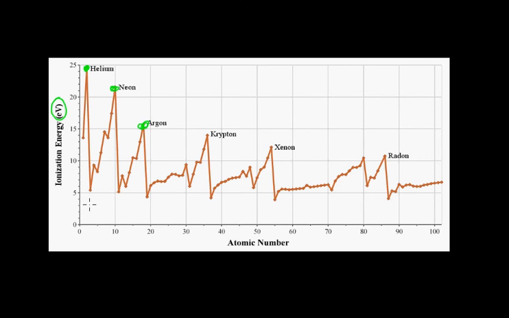Now let's look down at the bottom of the chart. Can anybody guess what this element is? That's right, it's lithium. Lithium is all the way down there at 5 electron volts because remember, lithium had 1 extra valence electron and it wants to have a perfect shell, so it really wants to give that away. So it has a very, very low ionization energy, as does all the other group 1 elements.